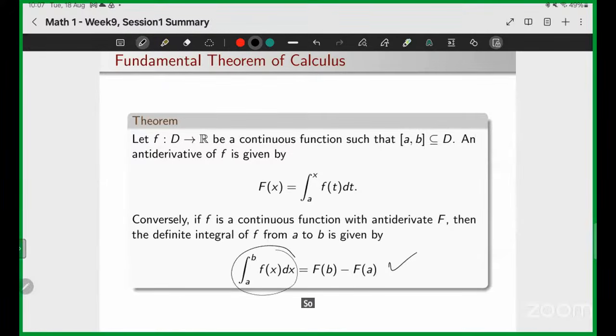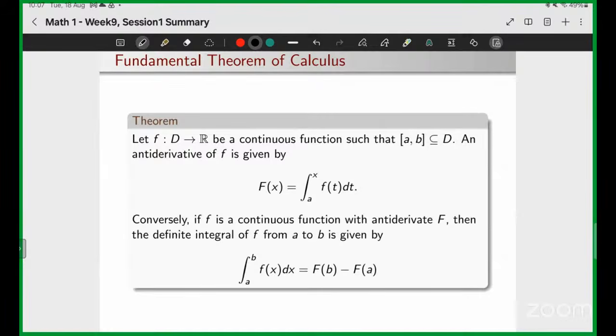So this Riemann integral, when you're reading the theorem, you read this part as the limit of the Riemann sums. That is actually equal to the difference between the antiderivative values when you look at the endpoints.